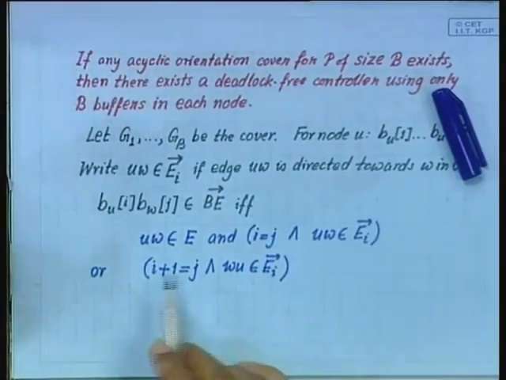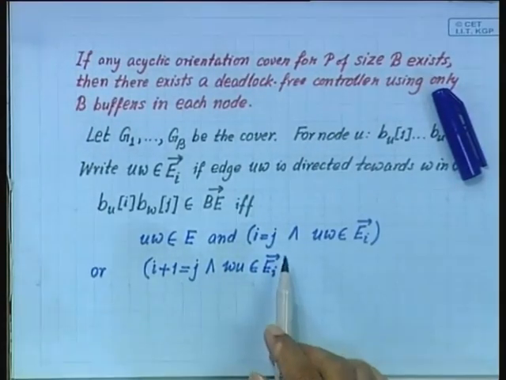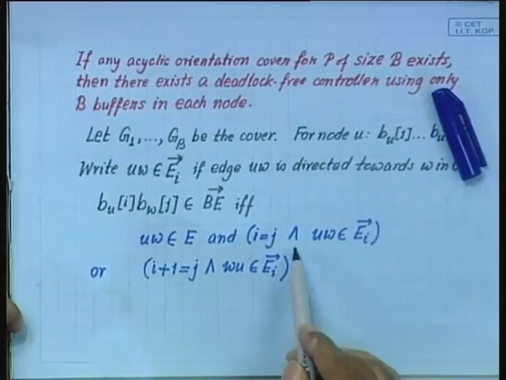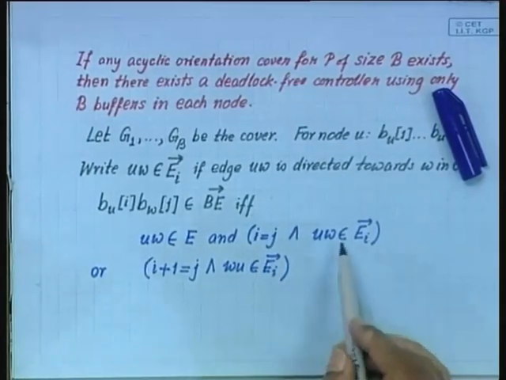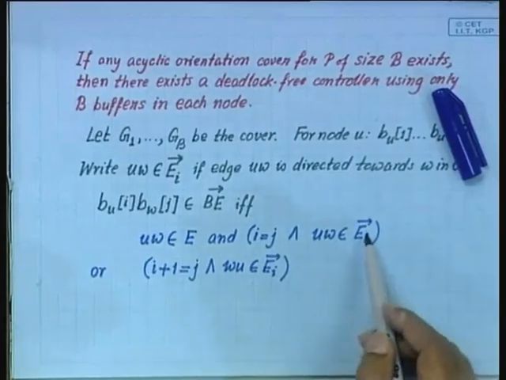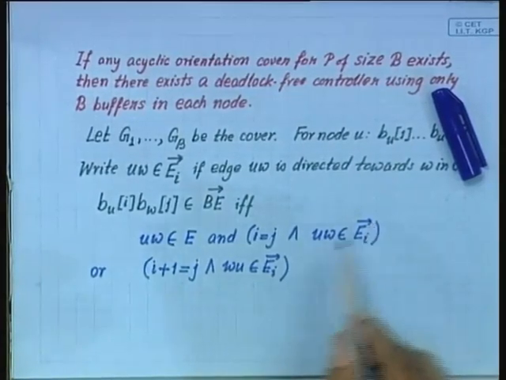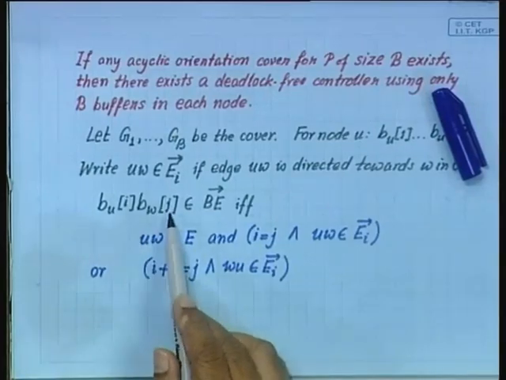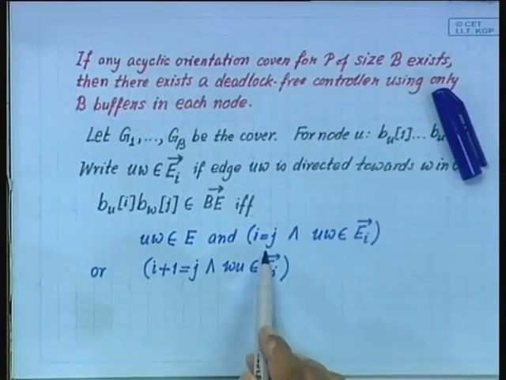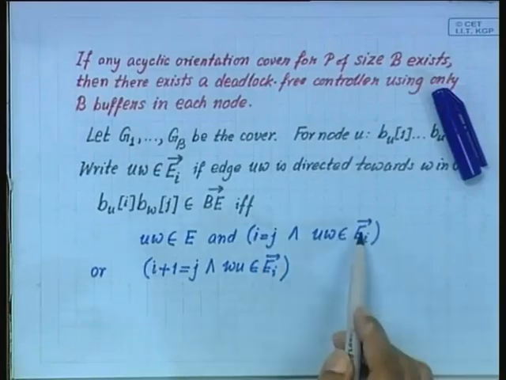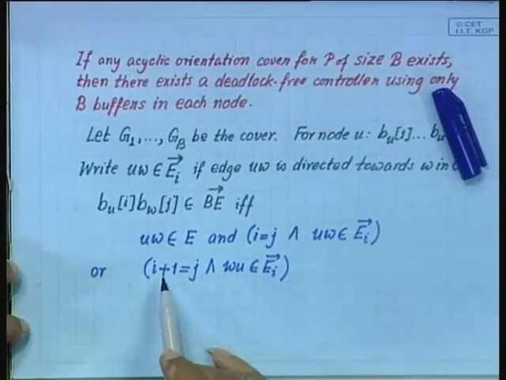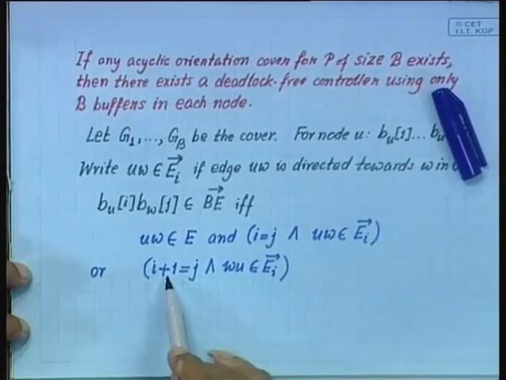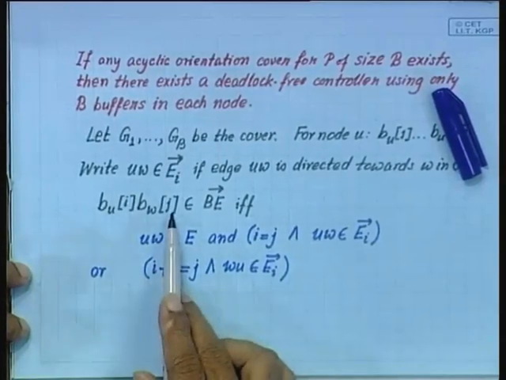This is what we talked about, right, that we will have i equal to j, then if UW is in E_i, then it goes from b_U^i to b_W^i, so i equal to j, right, in the buffer graph, or if WU belongs to E_i, then it goes from i to i plus 1.